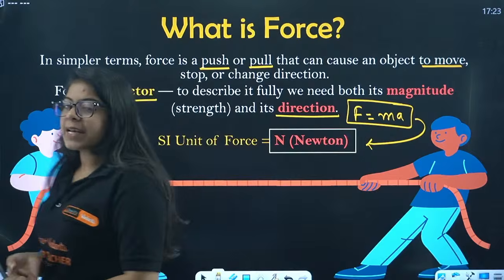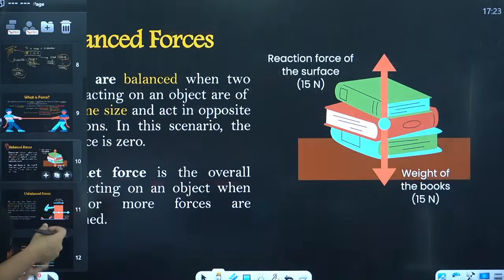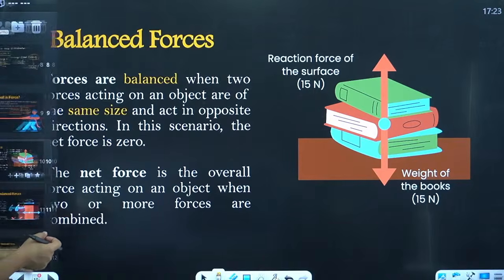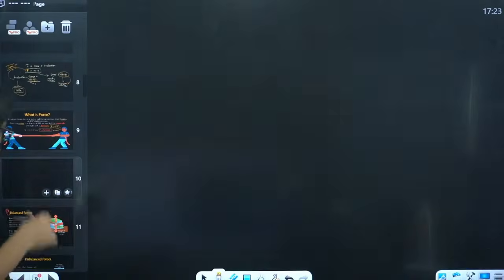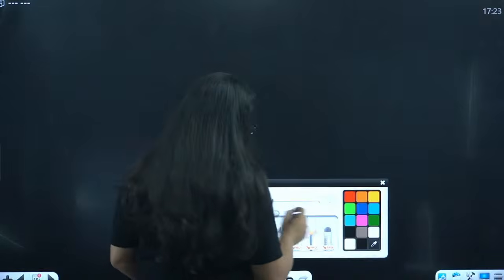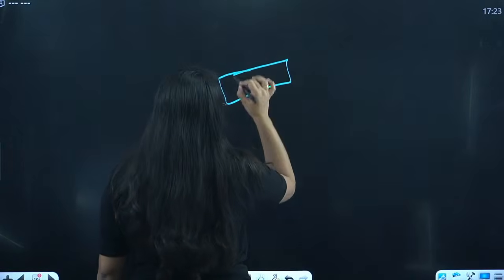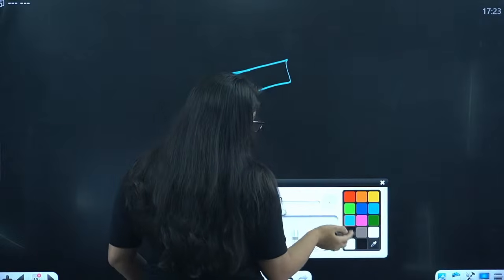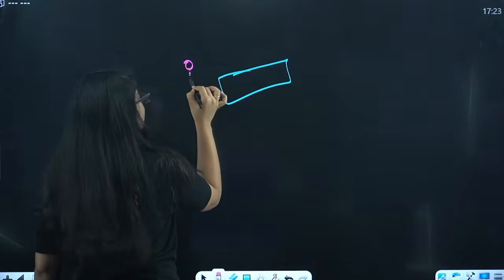Done. Great. Next, beta, after what exactly force is, we come to a very important point, balanced forces. Now before I tell you the definition, there is a packet of chocolate in your house. And your little brother, or let's say you are twins.